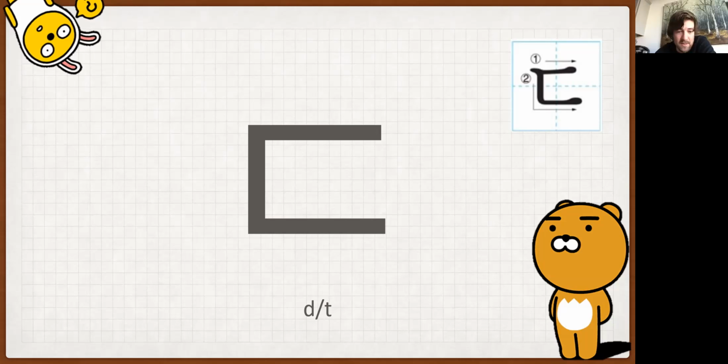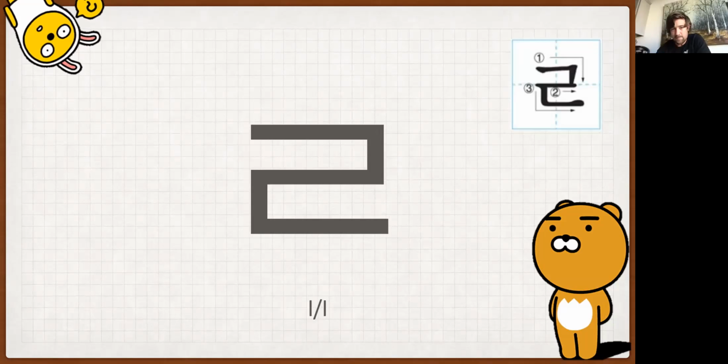The D and the T do sound very similar, but is it more of a D or a T? It's more of a "duh". Just like when we pronounce the letter D, our tongue hits our teeth or the roof of our mouth. You can do the same thing for this, and I think that would be better. So this is D and T, digeut. It makes the same sound. Perfect. Thank you.